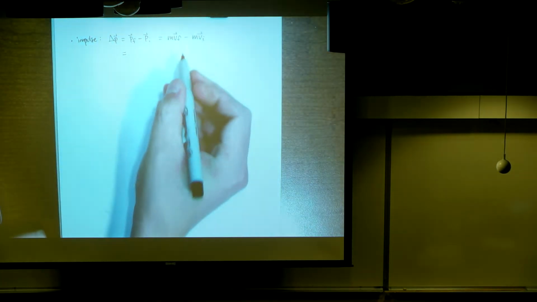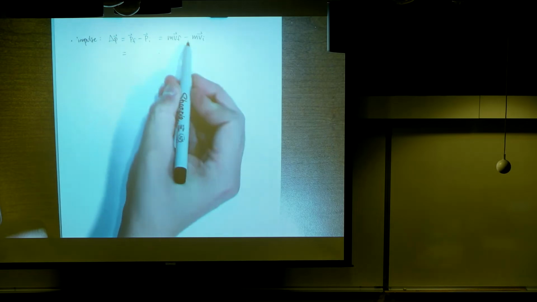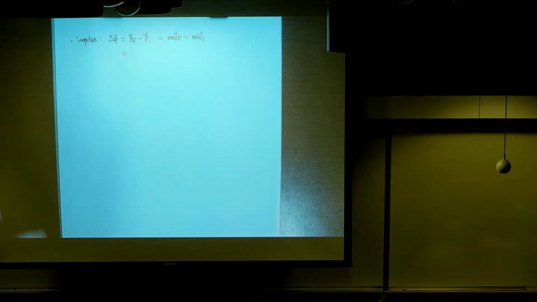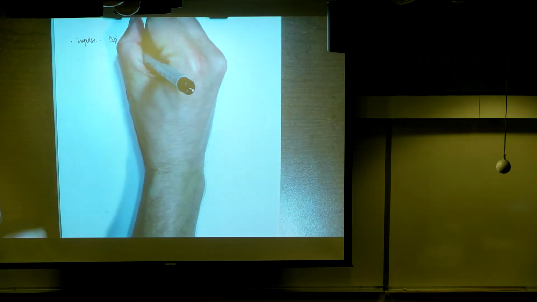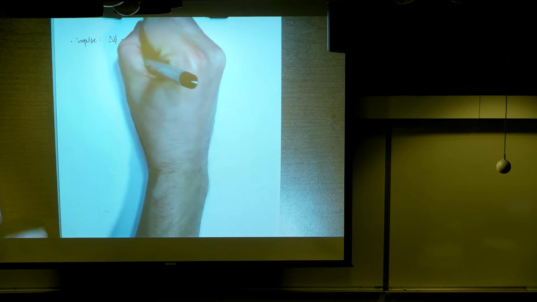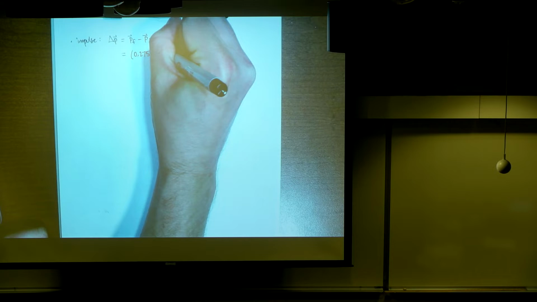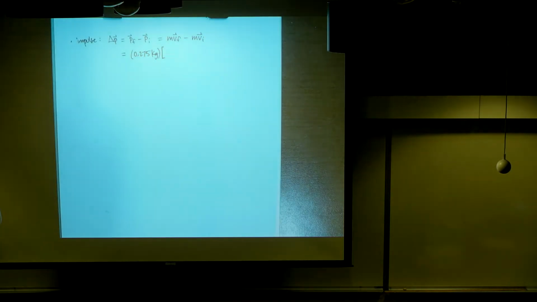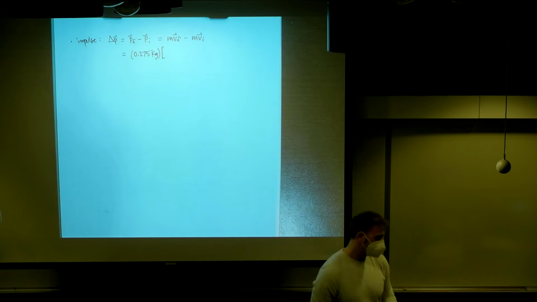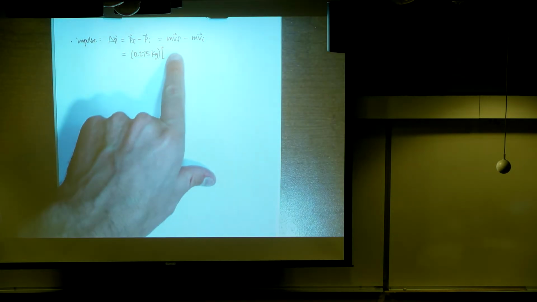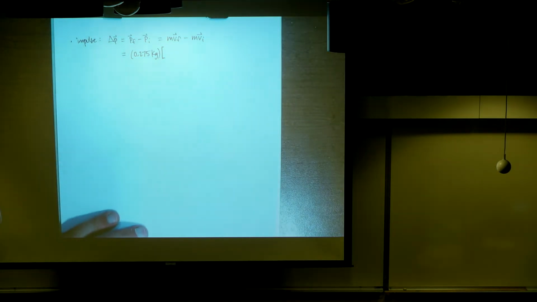On the first line here, I'm going to write m V final. The mass is 275 grams, so that's 0.275 kilograms. And then V final is the one that's going off at an angle. Remember, it's 10.5 meters per second at an angle of 75 degrees. So how do I write its x component?